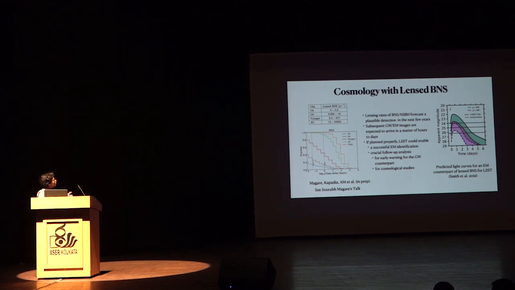These authors have explored different models and considered different lensing magnification factors, but roughly what they find is that if we catch the lensed EM counterpart in the first few days, there is a good chance that we will be able to detect the lensed EM source, which is within the reach of an LSST-like survey.